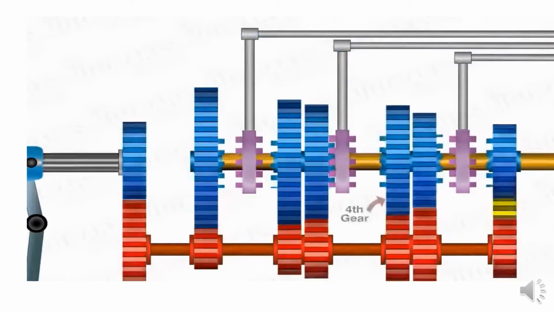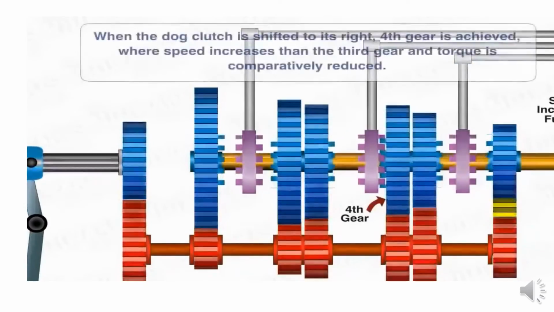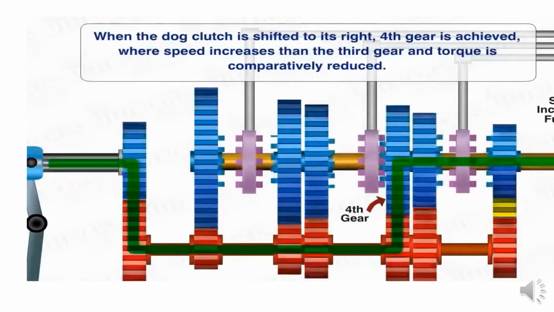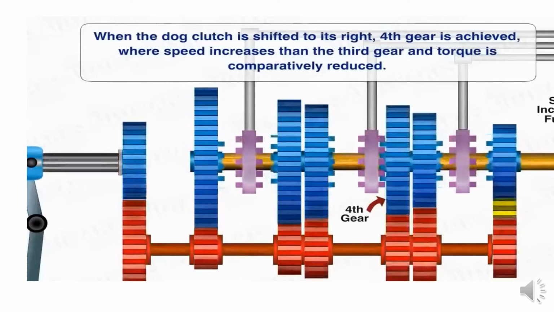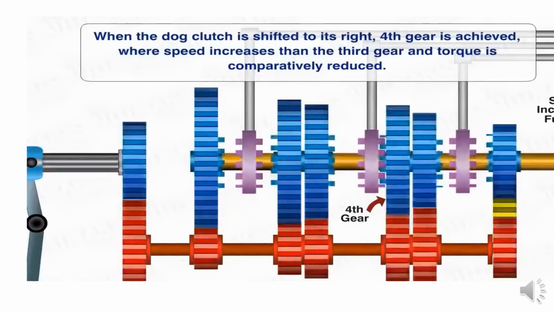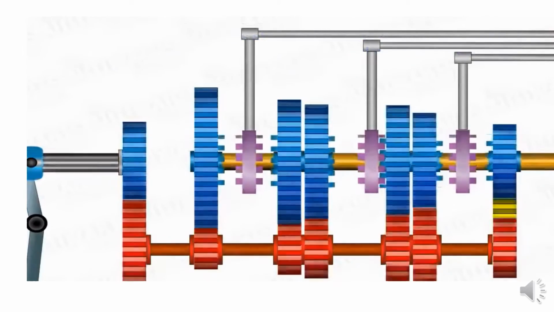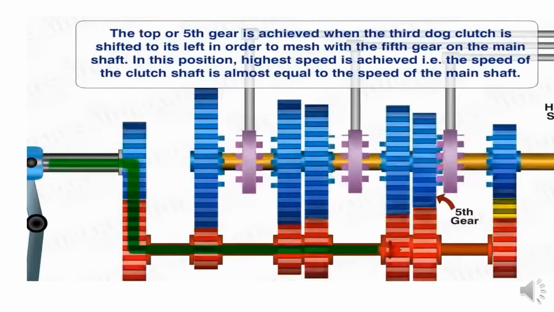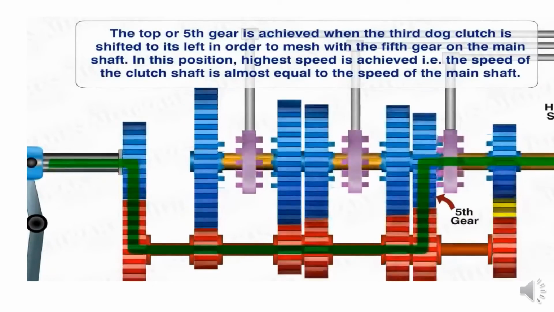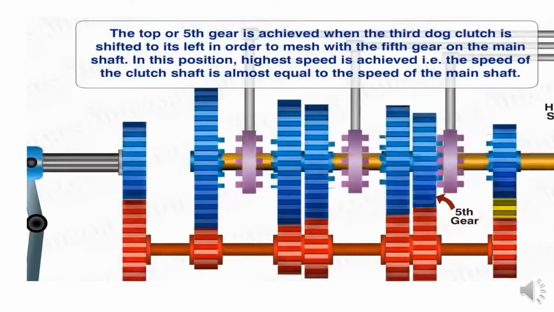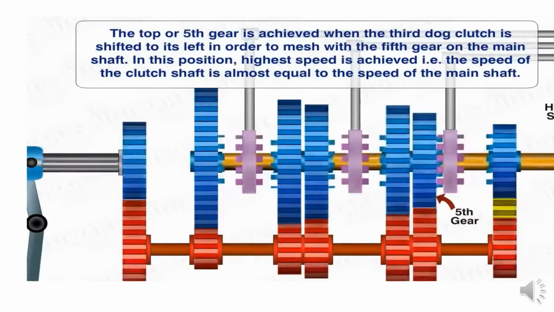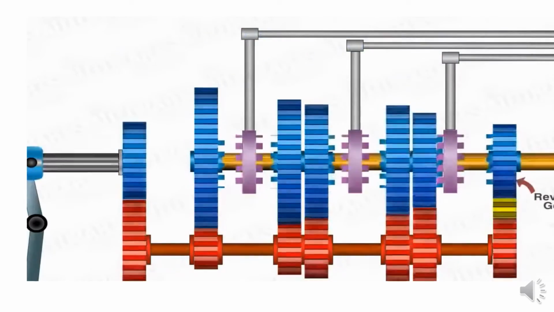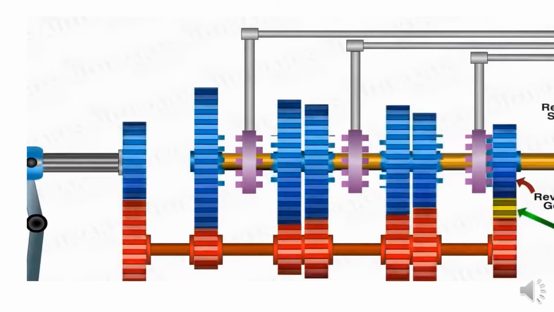This is the first gear operation. See, the dog clutch is engaged with first gear, so the power is transmitted from counter shaft to main shaft through first gear. The dog clutch is engaged with the second gear, so the power is transmitted through the second gear. But now second gear is disengaged.